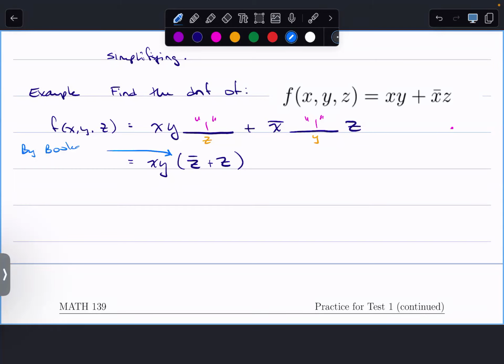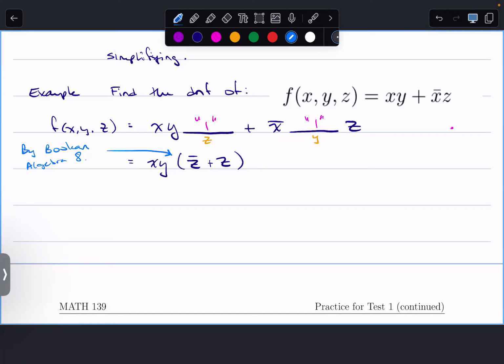The negation plus the non-negated part makes 1. And if you think about the truth table, you have a z, and then you have not z. If you add those up, you're going to get 1s all the way, right? So you're just multiplying by 1.